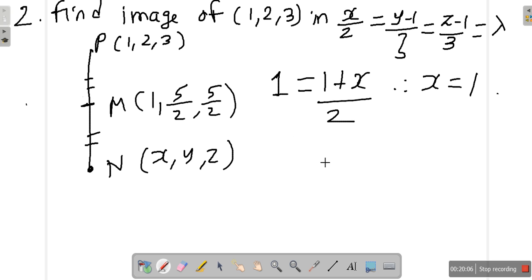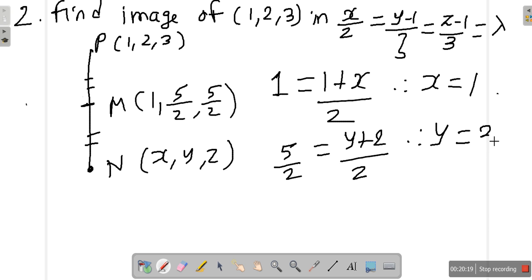5 by 2 will be Y plus 2 upon 2, that gives me Y as 3, and this 5 by 2 will be, you can see, Z plus 3 upon 2, and that gives me Z as 2.